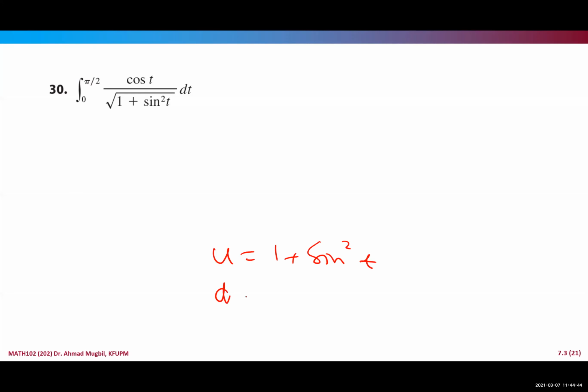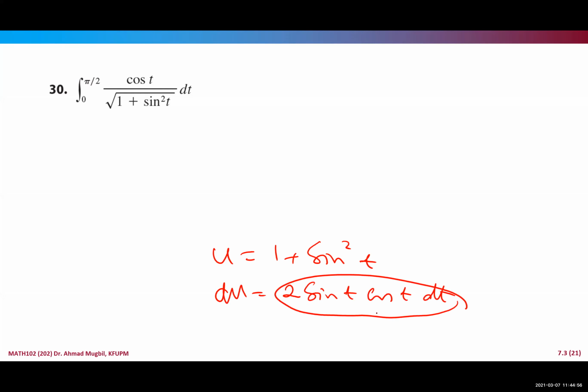What will be du, Abdulaziz? Du will equal 2 sine t cosine t dt. Do you have du there in the integral? No. It is a very bad idea. You need to think about something else.